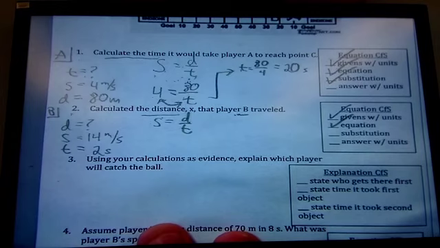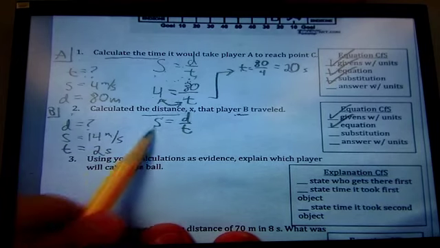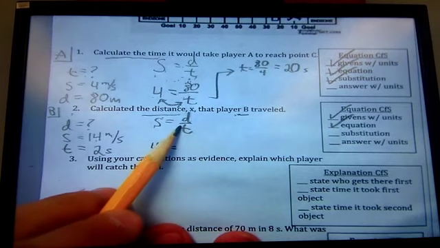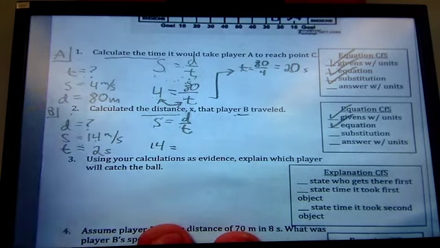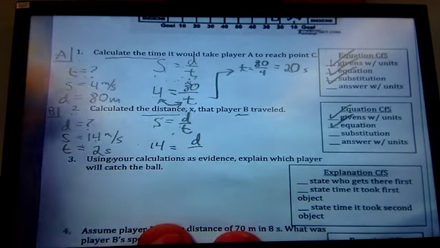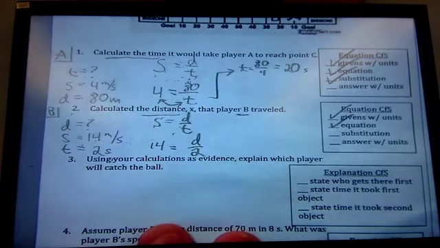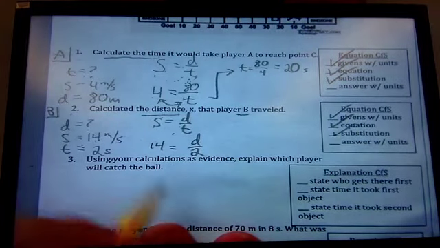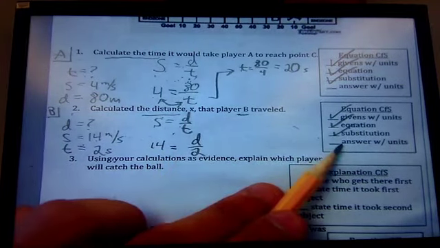Next, I substitute the values in. S was 14. D was question mark. I don't know it. I'm going to leave it alone. T was 2. That's substituting. Now I'm going to solve for D so I can provide an answer with units.